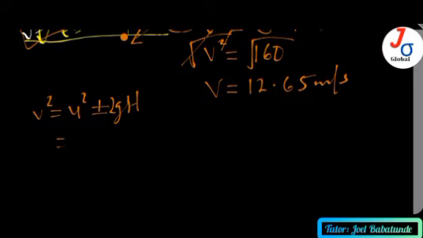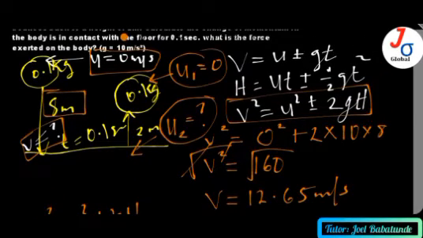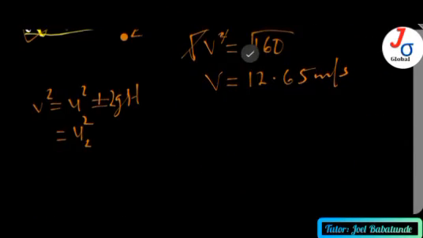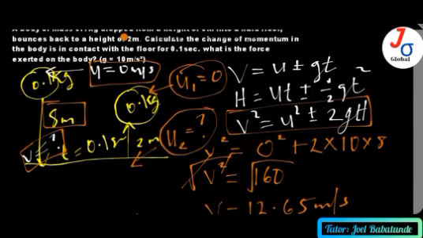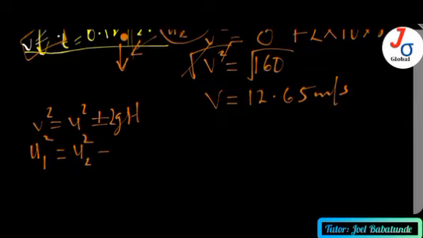So initial is u2 squared. Then our final is at the top, and that's u1 squared. Because it's going up, it is against gravity. Gravity is downwards, so it's going to be negative, minus 2gh.